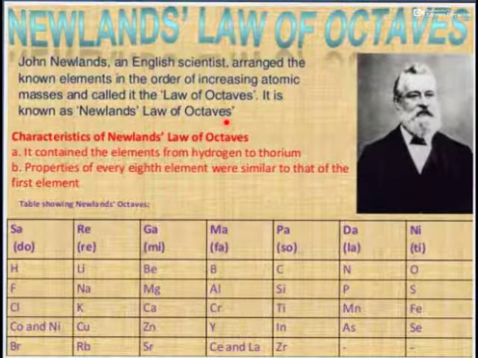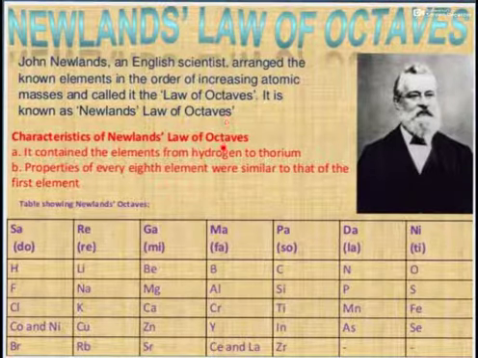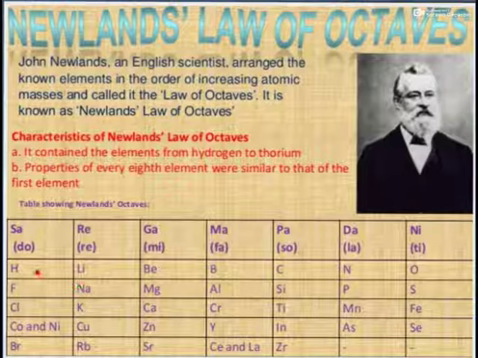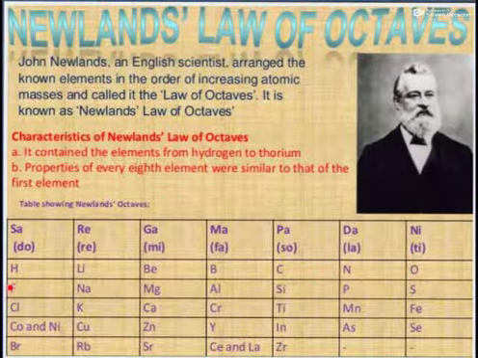The first question: why is it known as Döbereiner's triads? Because that was an arrangement of 3 elements. At the same time, Newlands arranged 8 elements in the order of their increasing atomic masses, like this: 1, 2, 3, 4, 5, 6, 7 and 8.